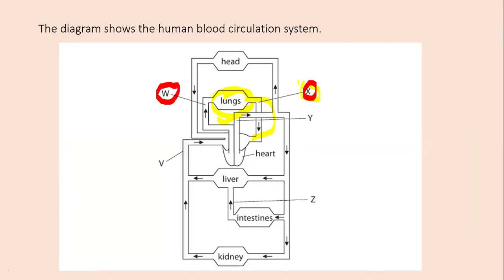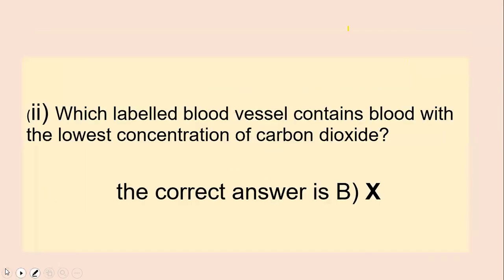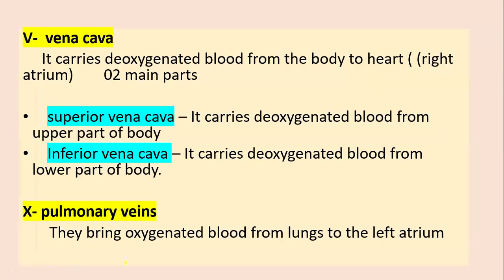So this X is the pulmonary vein, because this pulmonary vein brings oxygenated blood from the lungs to the left atrium of the heart. So the function of X is they bring oxygenated blood from the lungs to the left atrium.